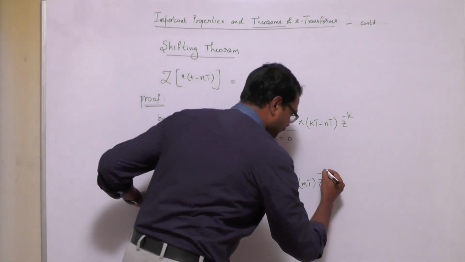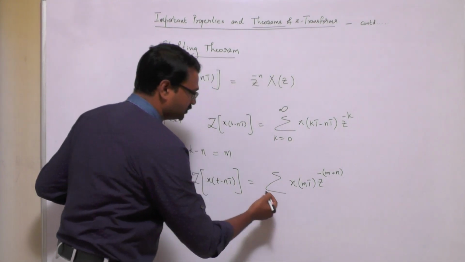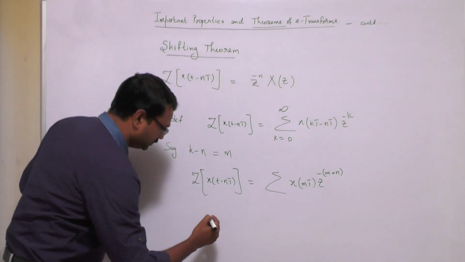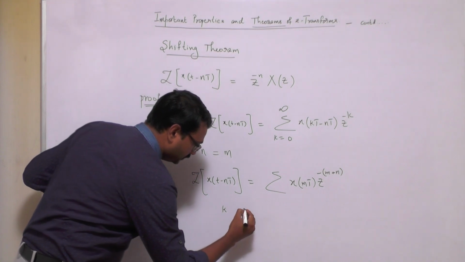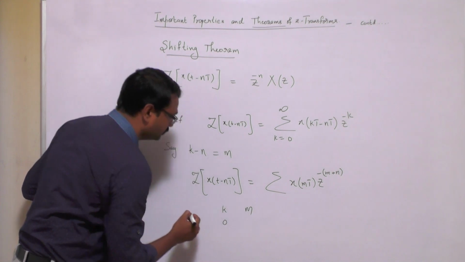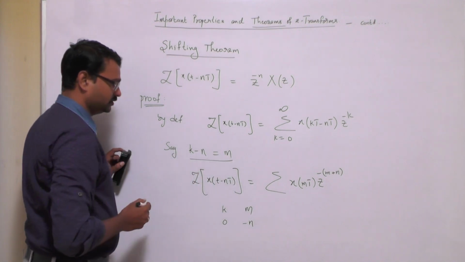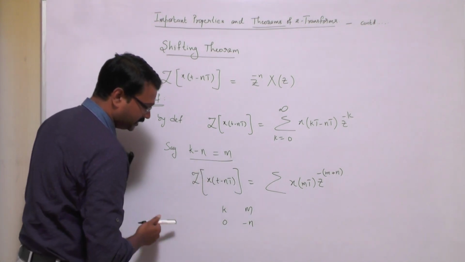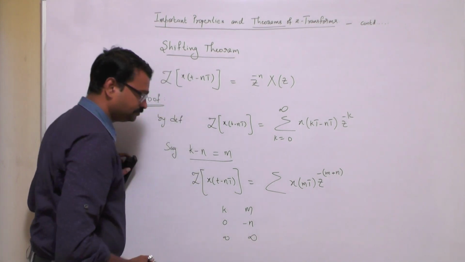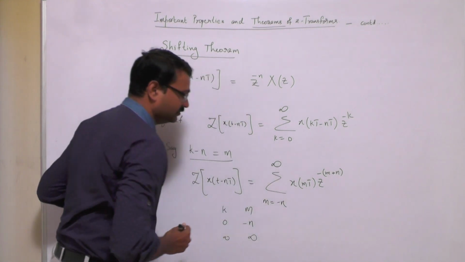It is m plus n. Now we have to look into the initial and final values of k and m in terms of n. When k is 0, m is equal to minus n. When k is infinity, m is equal to infinity. Therefore, you can write here m is from minus n to infinity.